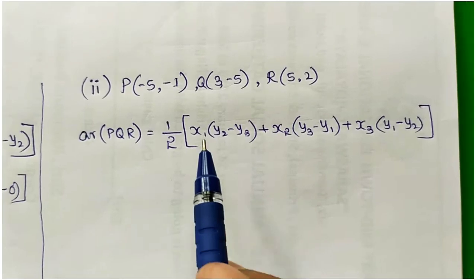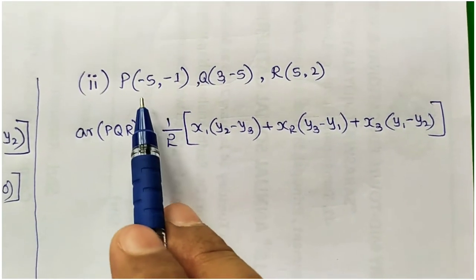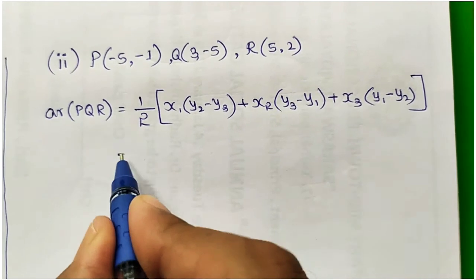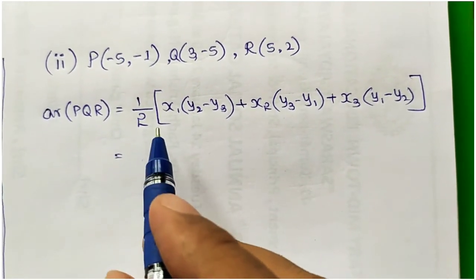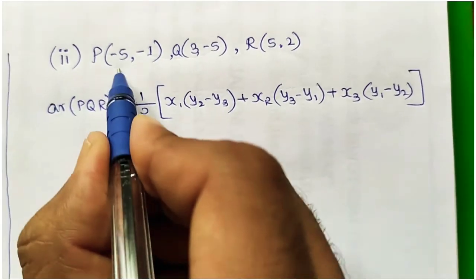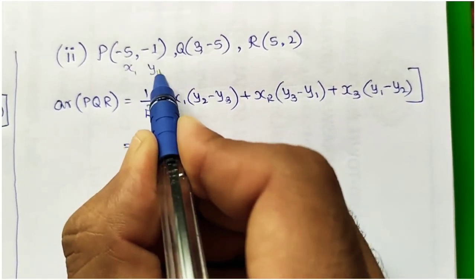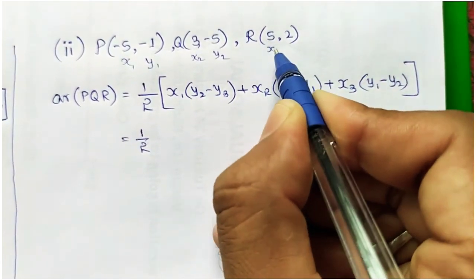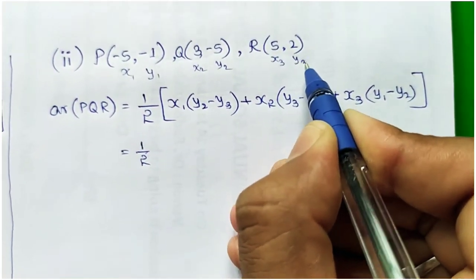Now the second question. They gave 3 points, I am taking them as PQR. Using the area of triangle formula, substitute the values 1 by 2. Mention them as x1 y1, x2 y2, x3 y3.